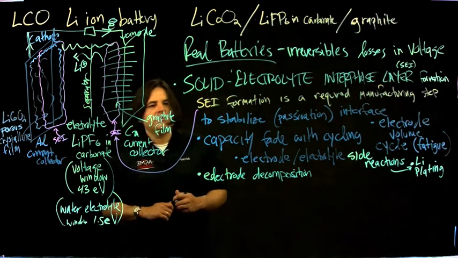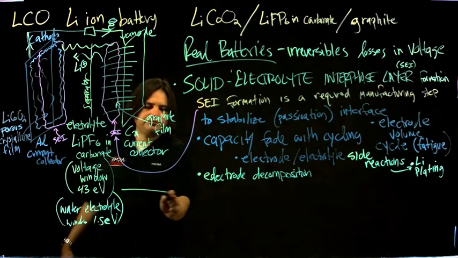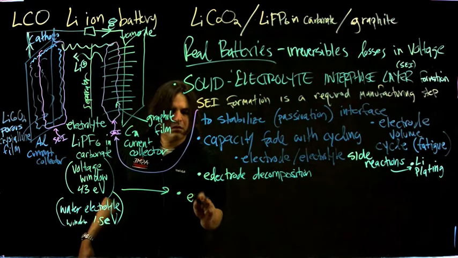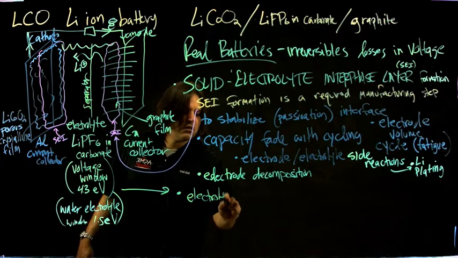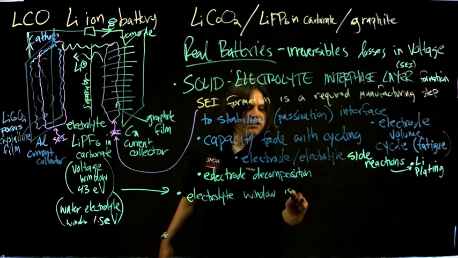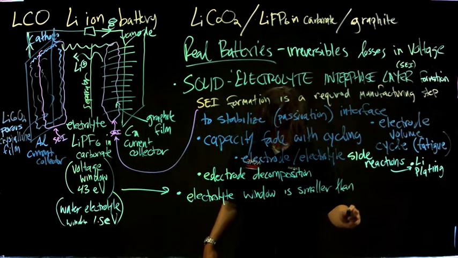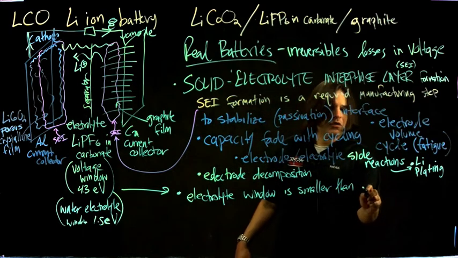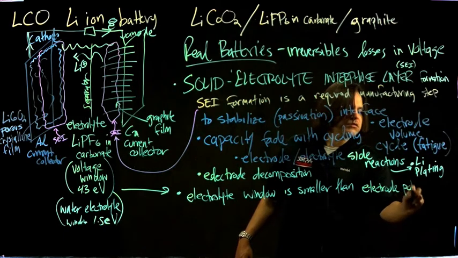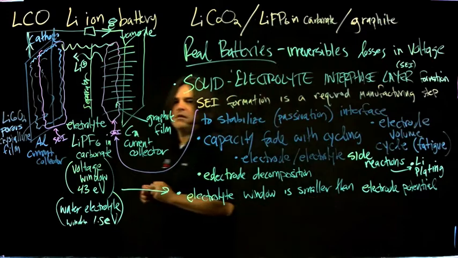And then another one could be what we talked about here, the voltage window. So the electrolyte window is typically smaller than the electrode potentials, just the open circuit voltage from these two, the combination that we have.